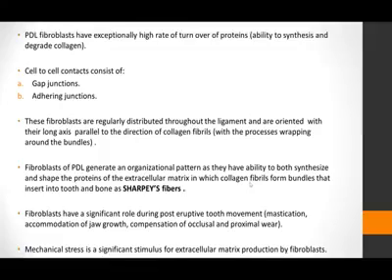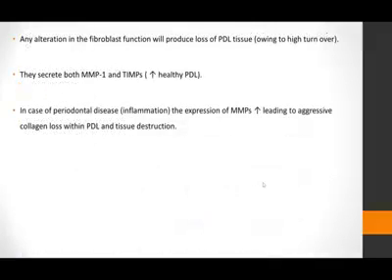The fibroblasts, in response to that mechanical stress, produce the extracellular matrix. That is how they sustain the periodontal ligament during function.